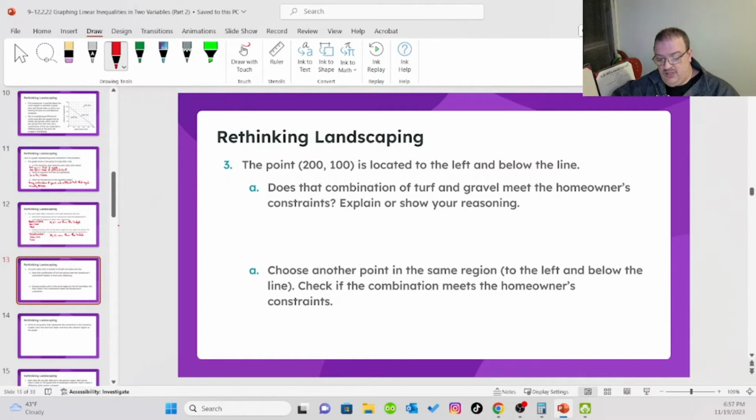So now we would say 3 times 200 plus 15 times 100. 3 times 200 is 600. 15 times 100 is 1,500. And 600 plus 1,500 is 2,100. That does meet the homeowner's constraints because it comes in under budget.